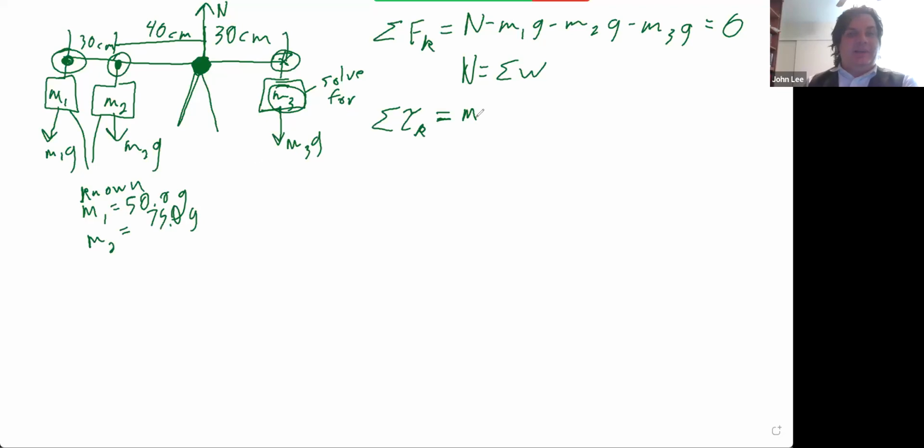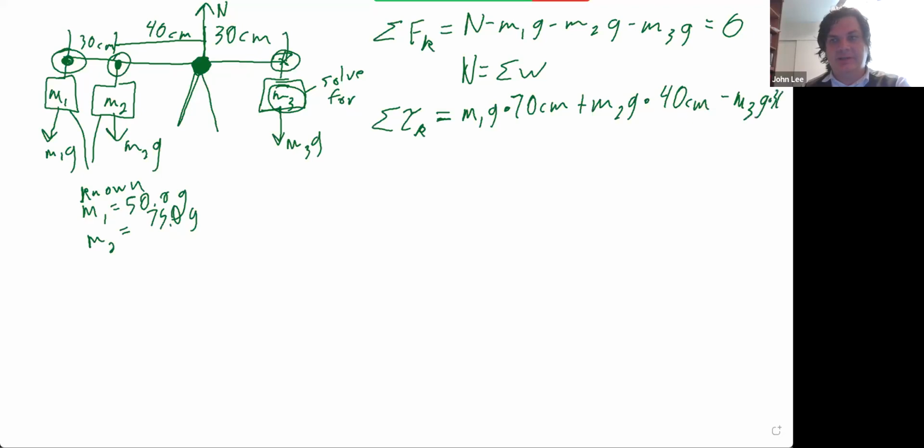So this is going to be equal to M1G times 70 centimeters because that's the distance from this pivot to M1, plus M2G times 40 centimeters, minus M3G times 30 centimeters, which is equal to 0. So we know M1, we know G. We can just cancel out G, honestly.